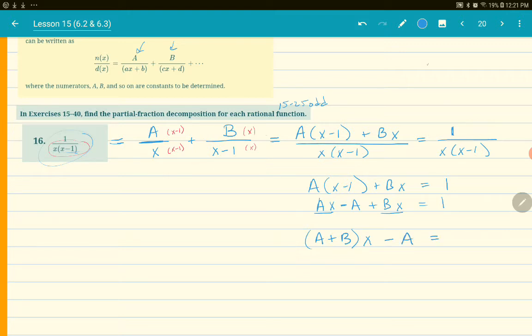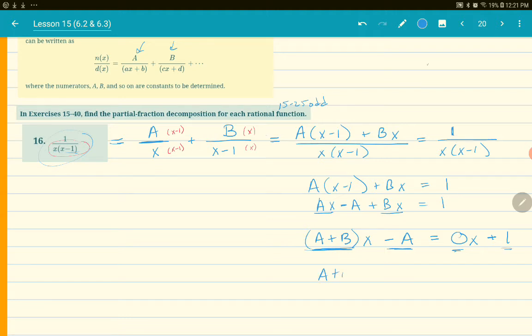That equals 1. Actually, I'm going to express that in this form: 0x plus 1. I want that x in there because now I can recognize this form and say this part equals the part that's in front of the x, and this part is my constant.